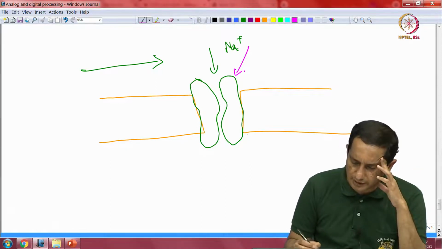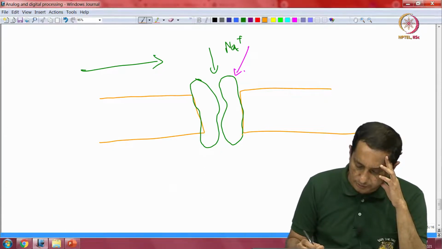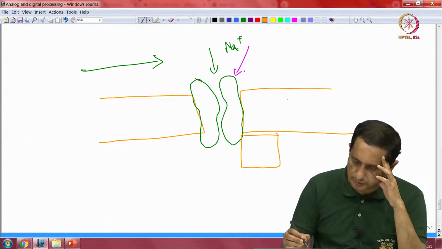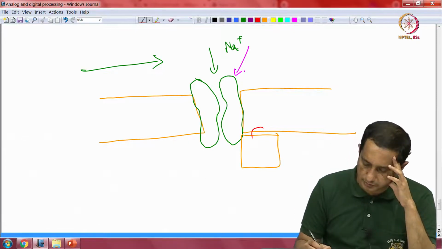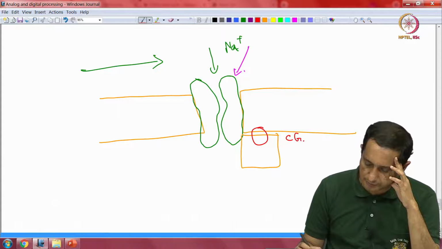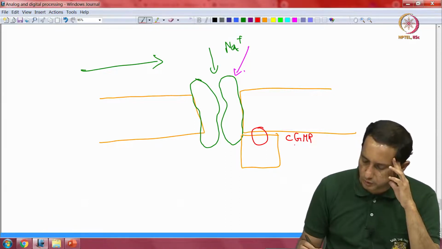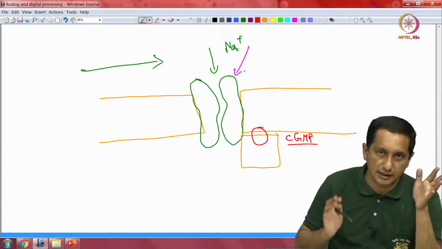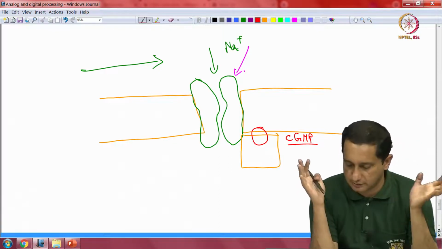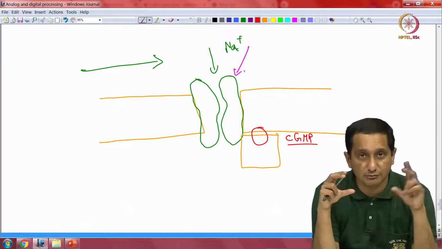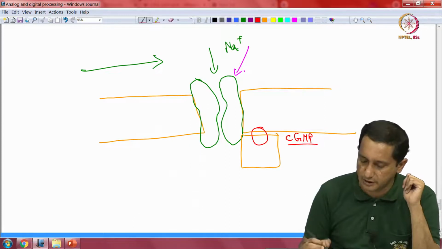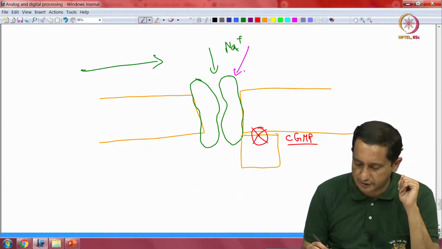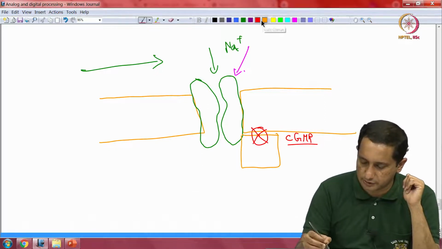In such a case what happens is there are downstream proteins. You can have a downstream protein which is called cyclic GMP, guanosine monophosphate. I will try to avoid all these bigger names and make it simple. Cyclic GMP. You can look at this diagram in the textbooks.